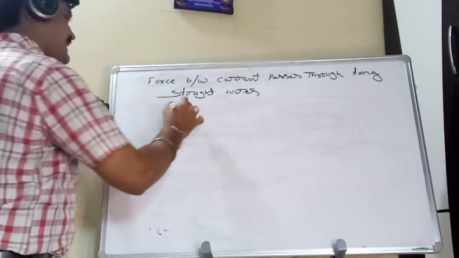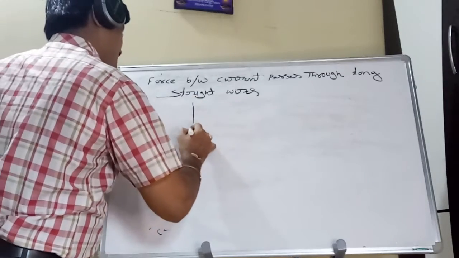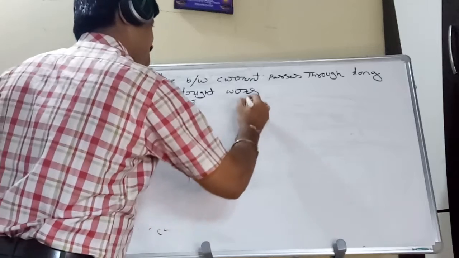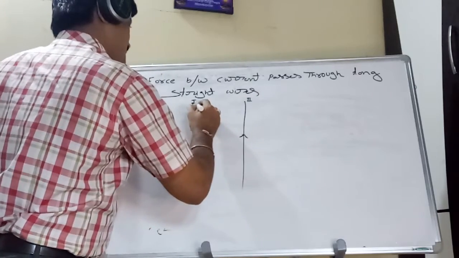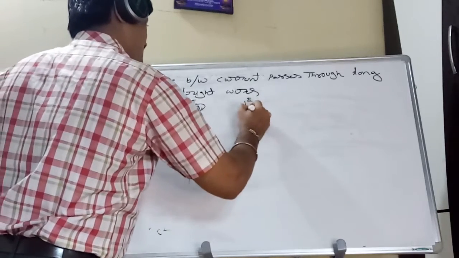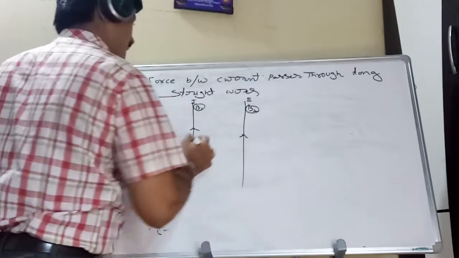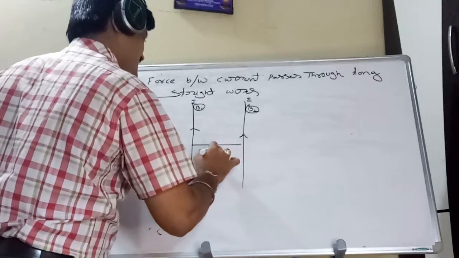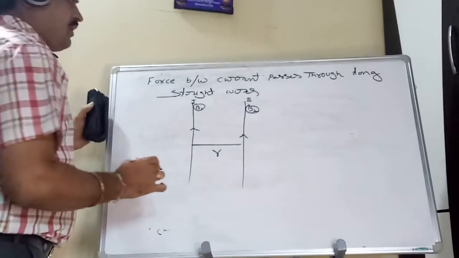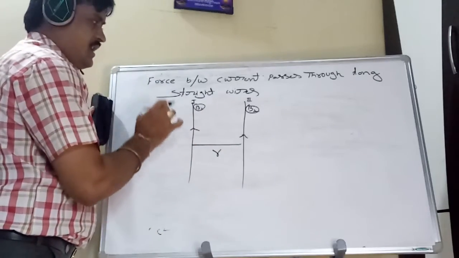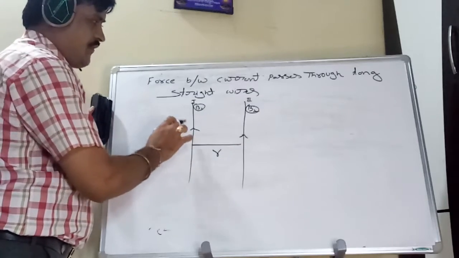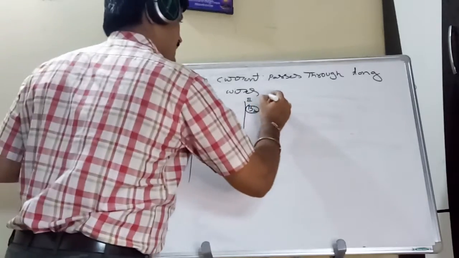Here are two wires, the first wire and the second wire. This is B1 magnetic field induction, B2 magnetic field induction. The distance between the two wires is R. So the magnetic field induction due to the first wire at the second wire.